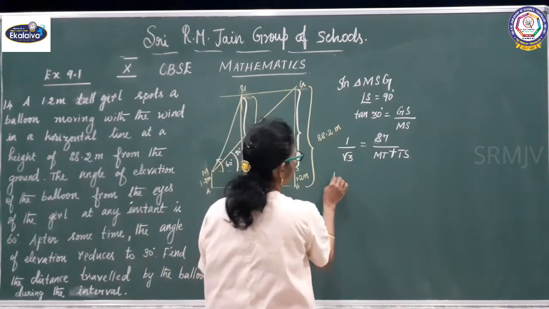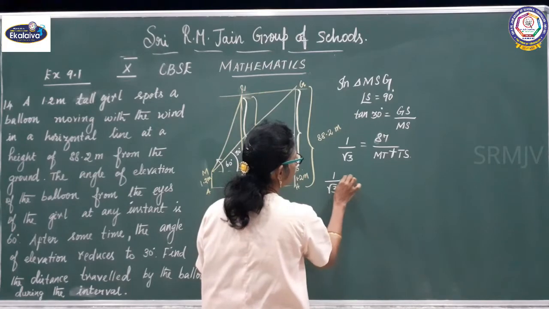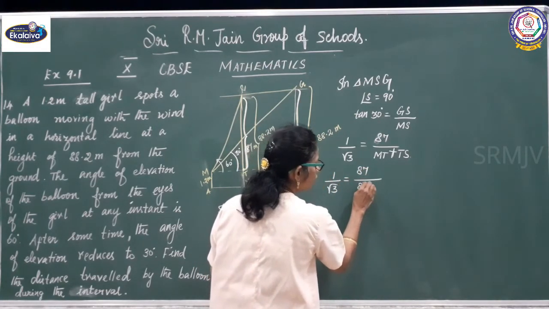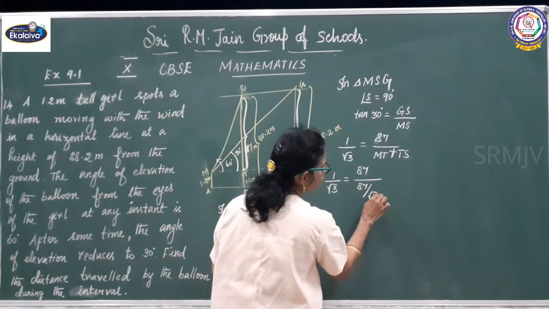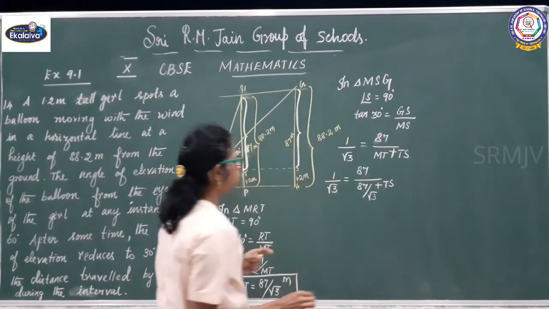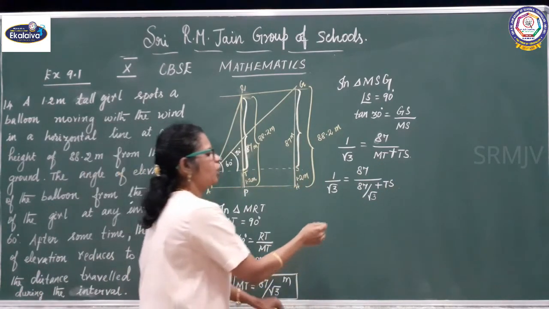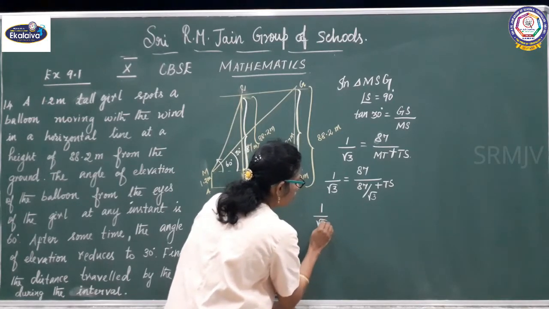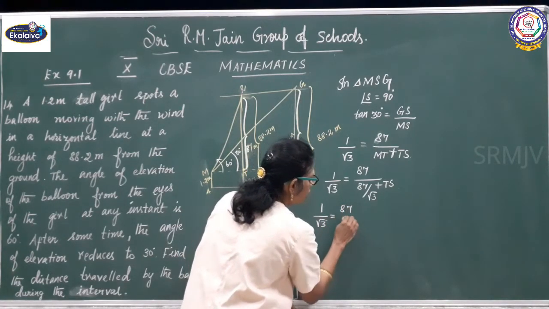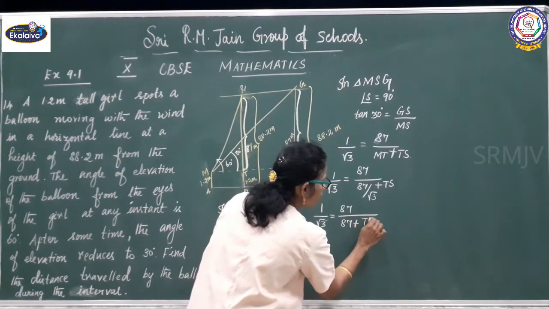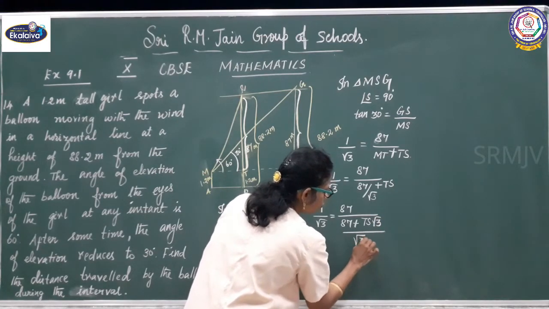So 1 by root 3 equals 87 divided by (87 by root 3 plus TS). Now you have to take the LCM. 1 by root 3 equals 87 divided by (87 plus TS root 3) divided by root 3.